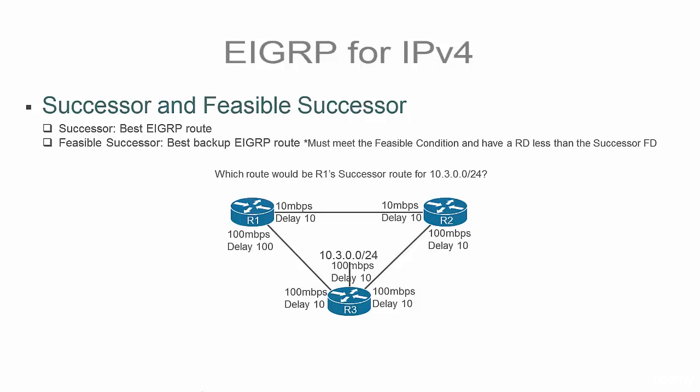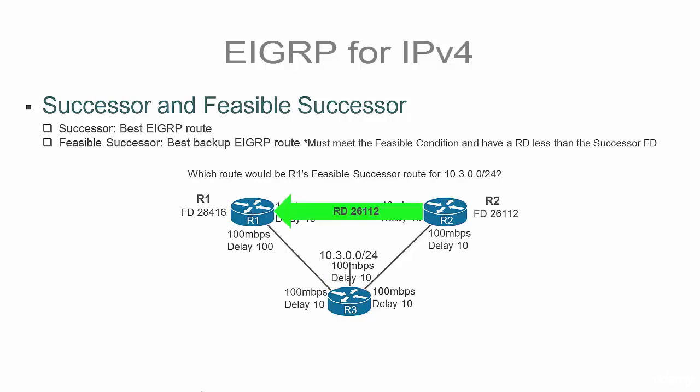So in this diagram, which route would be R1's successor route for the 10.3 network? Our best local metric, our feasible distance on R1, would be considered to be our successor path. Now, which route would be R1's feasible successor route for the 10.3 network?